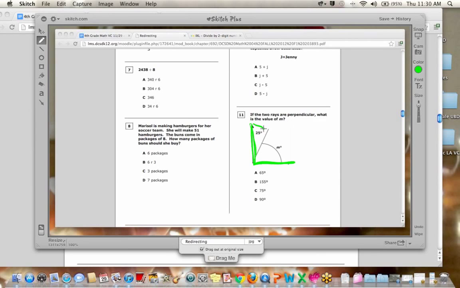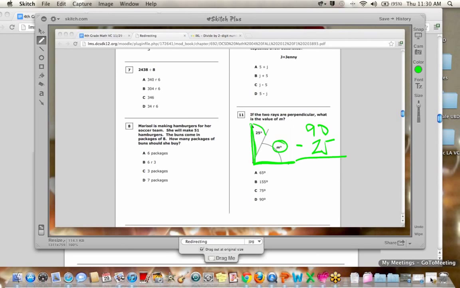So we have 25 degrees right here, but then we don't know what the rest of it equals. So we have to do 90 minus 25 to figure it out. So what's 90 minus 25? You can write it down and then type it into the chat.